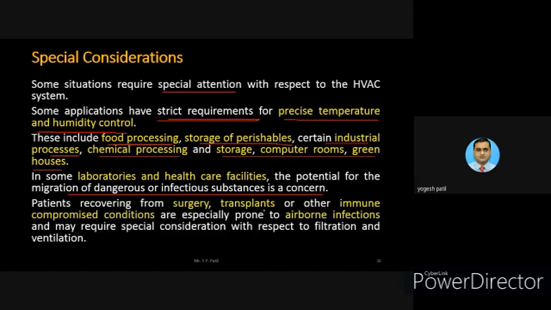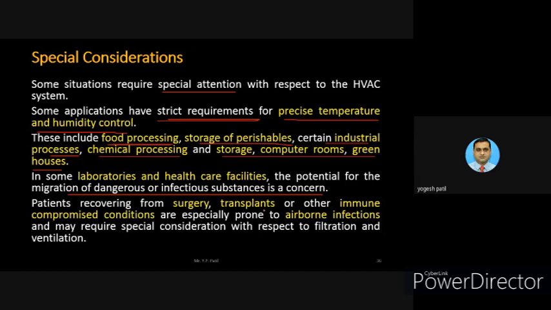So obviously that carries the things from that particular section, and it is required to give more and more attention. For example, a patient recovering from surgery, that is also very important. Transplants or other immunocompromised conditions are especially prone to airborne infections. These airborne infections are very critical for others and may require special consideration with respect to filtration and ventilation.